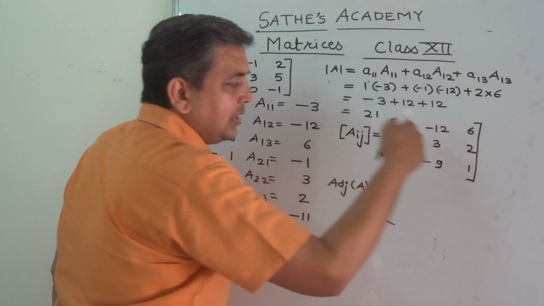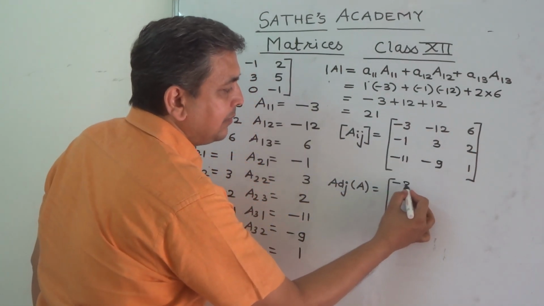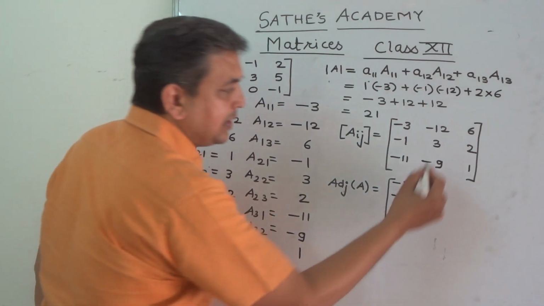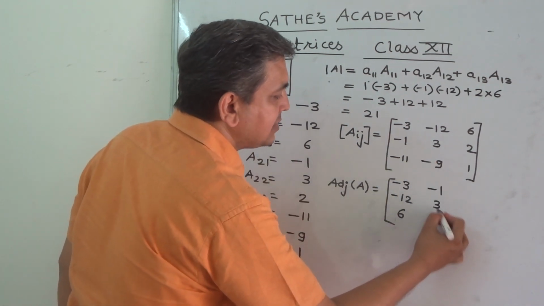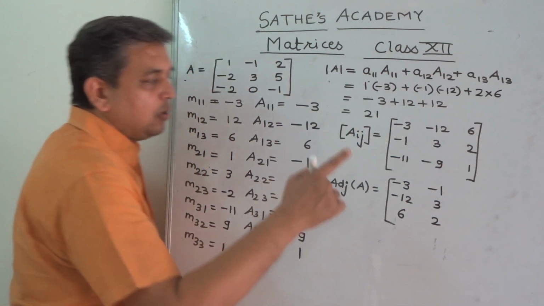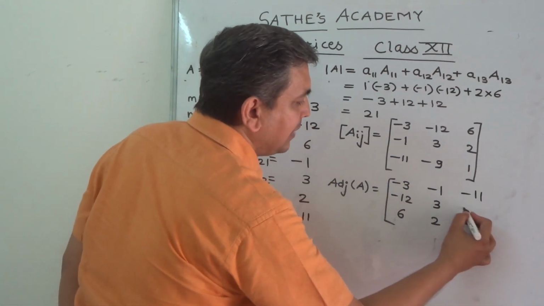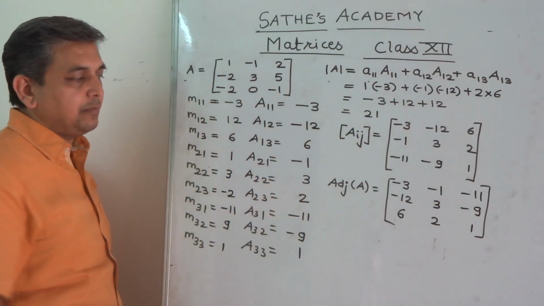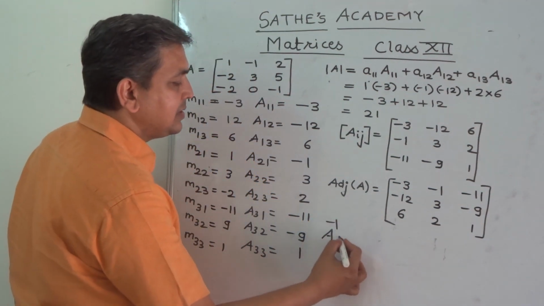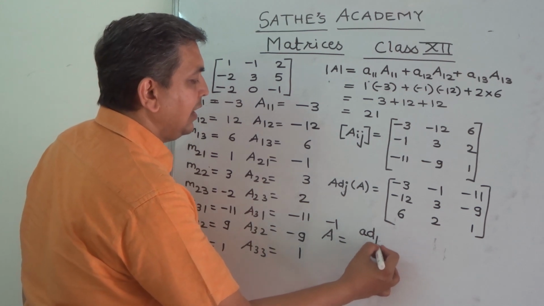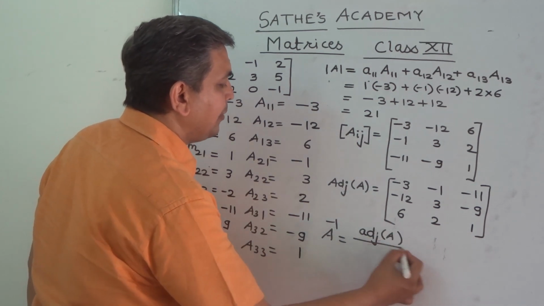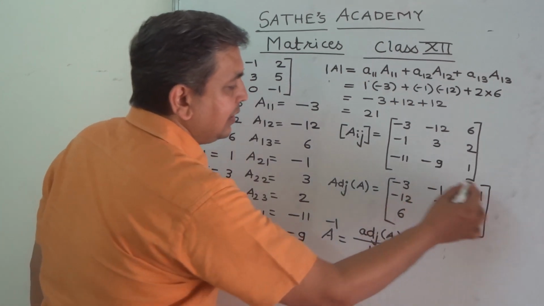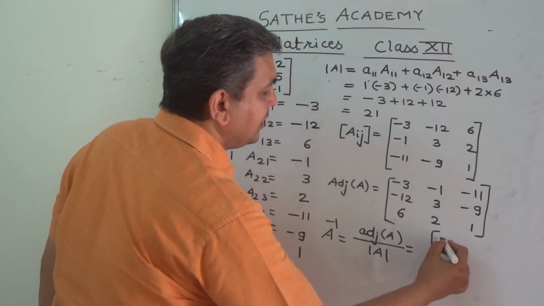This first row gets converted to first column. Minus 3, minus 12, 6. Second row becomes the second column. Minus 1, 3, 2. And third row becomes the third column. Minus 11, minus 9, 1. And now the last step, the formula for A inverse is adjoint of A upon determinant of A, and so we get this matrix complete.